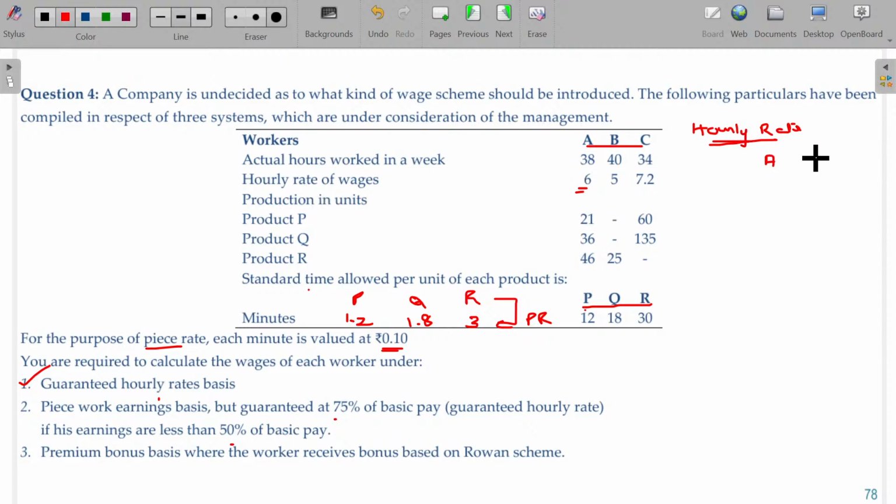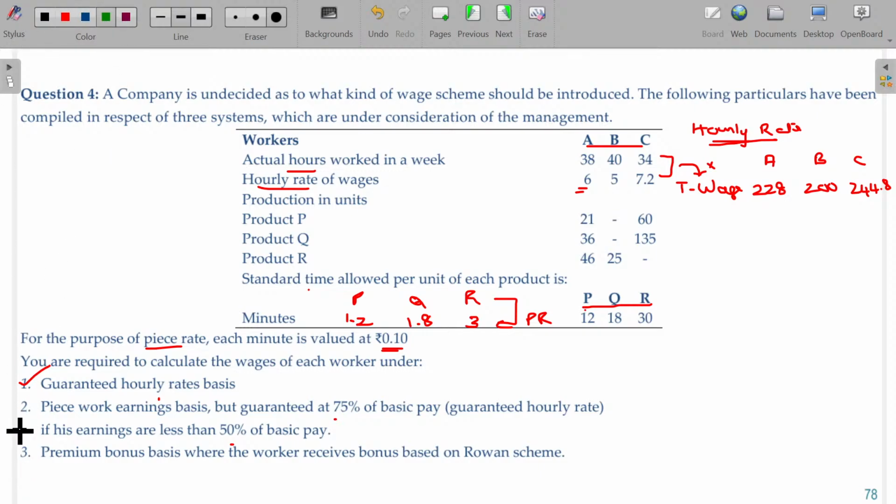In case of A, B, C, their total wage being actual hours worked into hourly rate. You multiply these two, that is the total wage. 38 into 6, 228 for A, 200 for B, 244.8 for C. Is that clear? Guaranteed hourly rate basis.